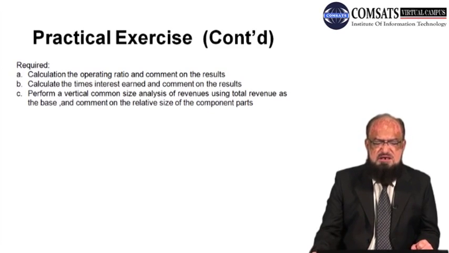Then we will calculate the times interest earned. Then we will calculate the vertical common size analysis, which we have already discussed. Then we will discuss the comments. First of all, we will calculate the operating ratio. Stay with me.